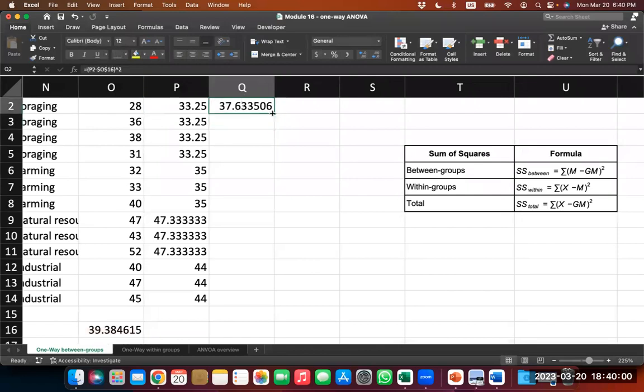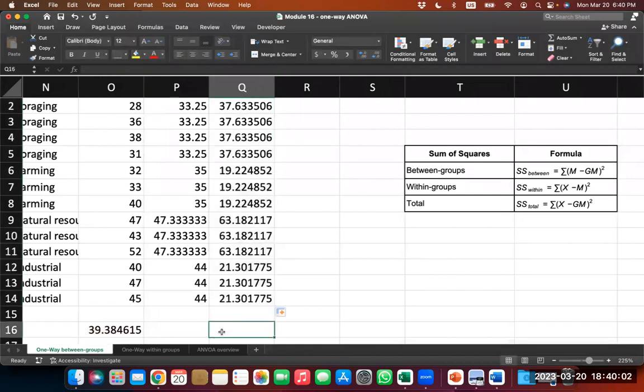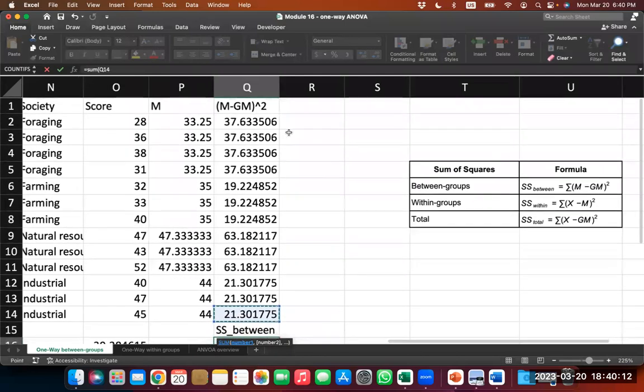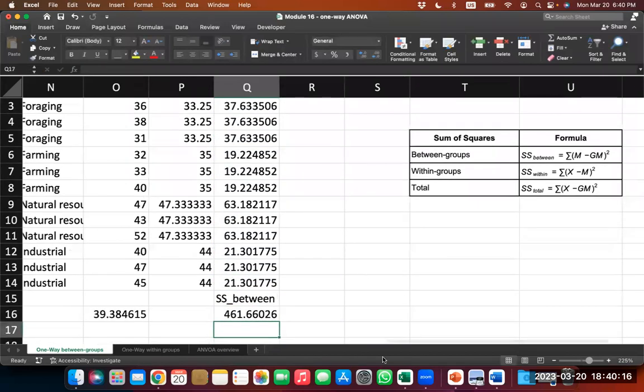We just need to propagate this all the way down. Summing this up gets us the sum of squares between, the sum of Q2 to Q14. It's 461.